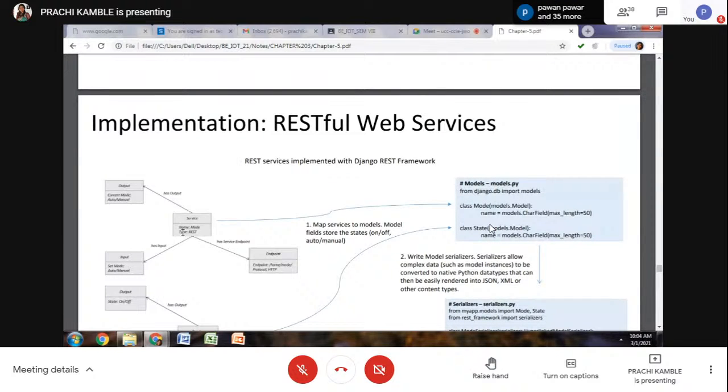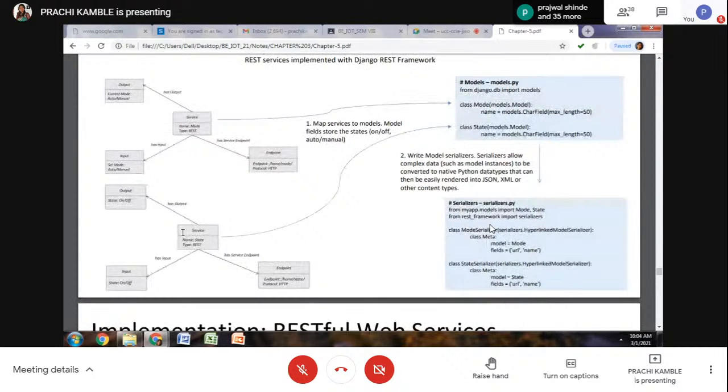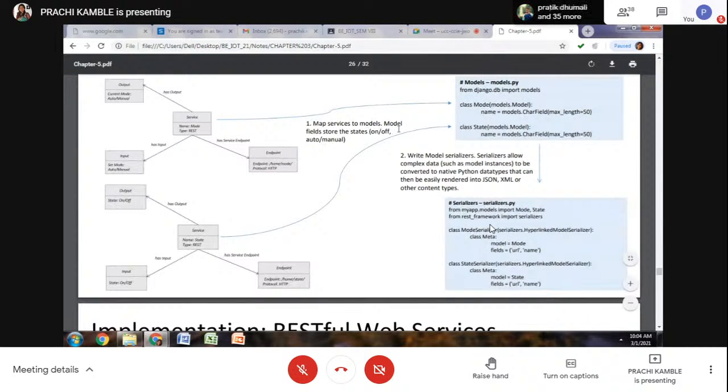So this is the implementation of RESTful web services. Following the same diagram which I have explained, the first step is to map the services model, field store storage, that is for on and off. Then write model serializers.